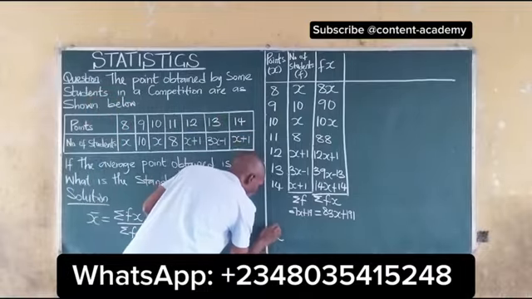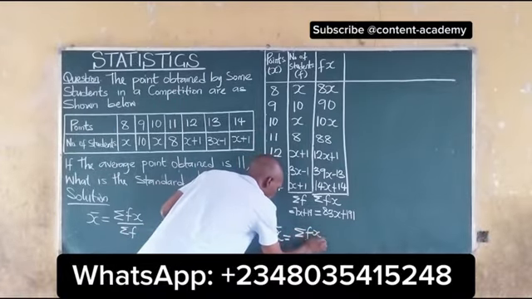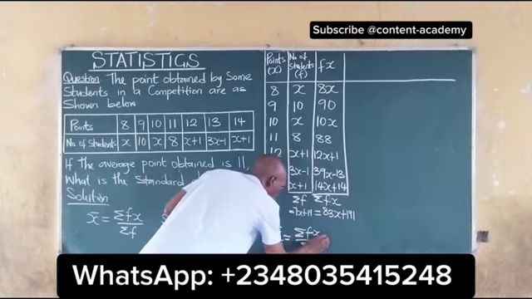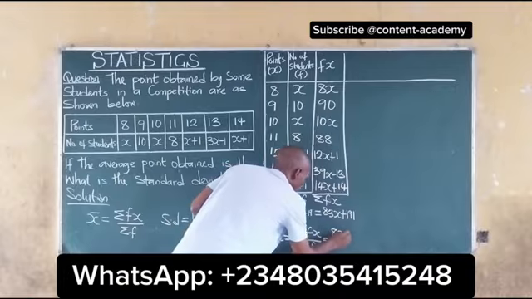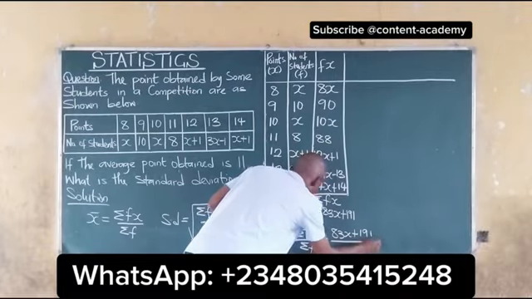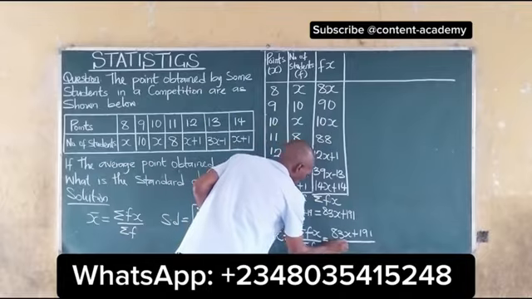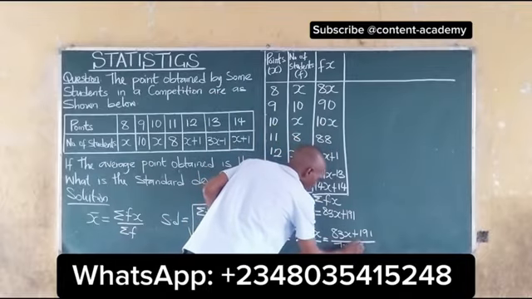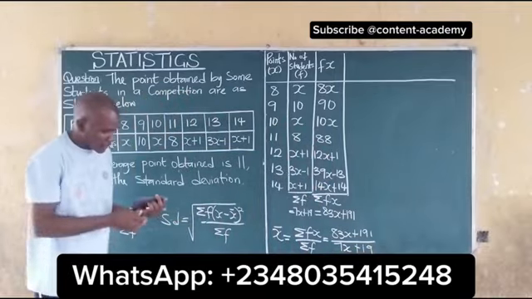So it then means that our x bar is equal to the summation of f of x divided by the summation of f, which is 83x plus 191 divided by 7x plus 19.